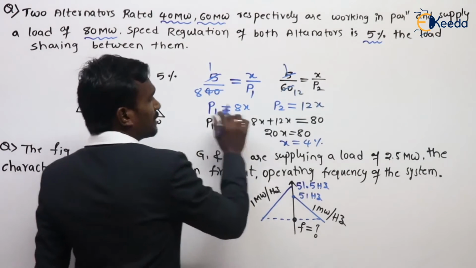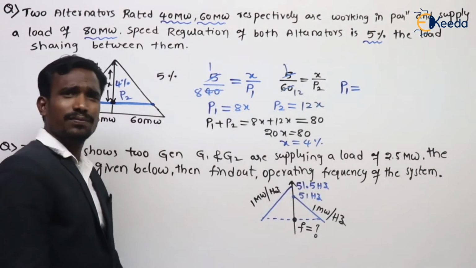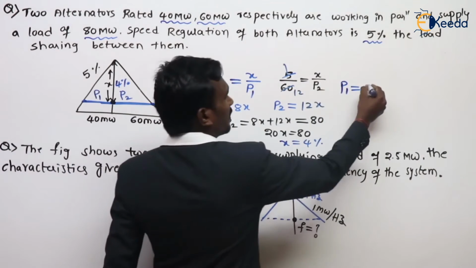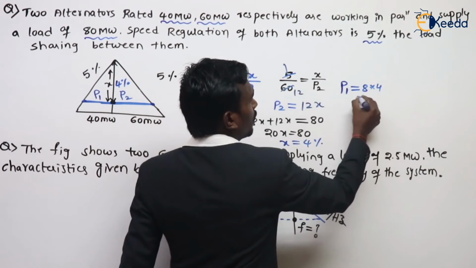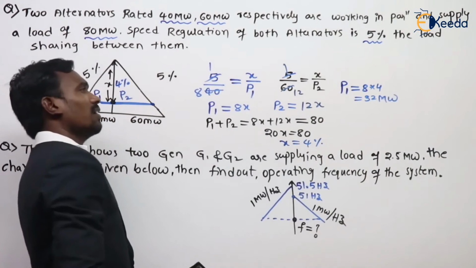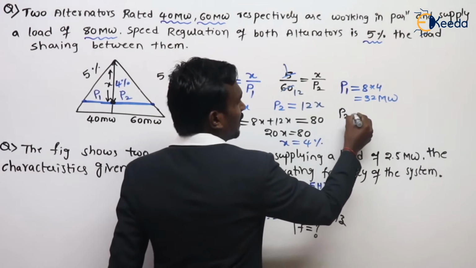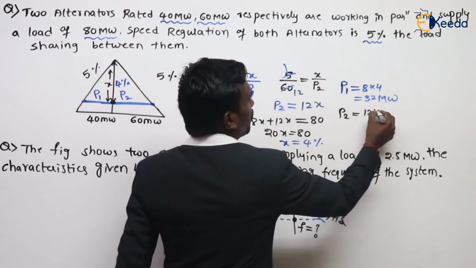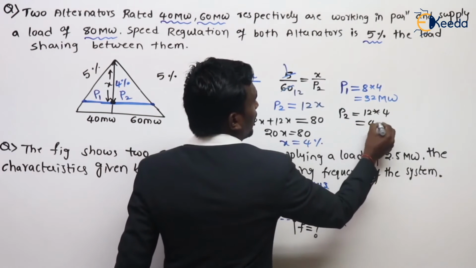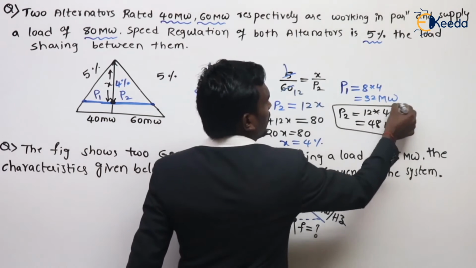At 4%, what is the share of the first alternator? The share of the first alternator is 8 times 4, which is 32 megawatts. What is the share of the second alternator? 12 times 4, 48 megawatts is the share of the second alternator.